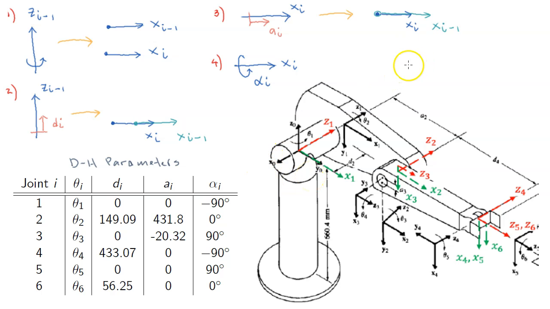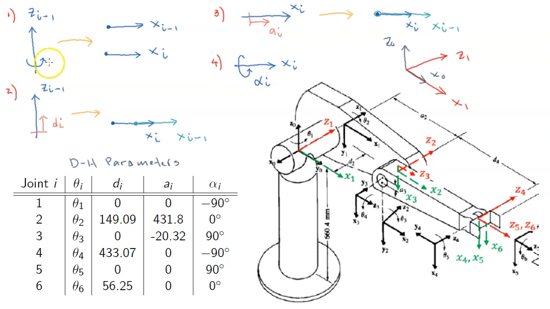So let me draw the coordinate frames roughly. So this is X1 and this is Z1. So after rotation we would have this. So this is Z0 and this is X0.